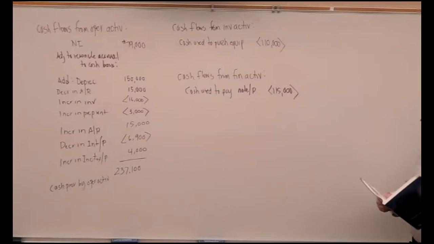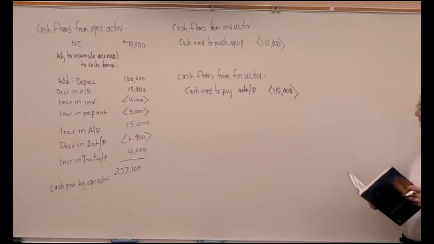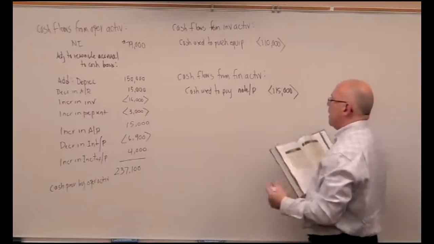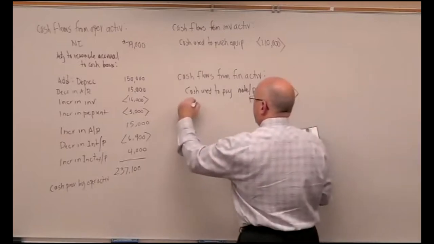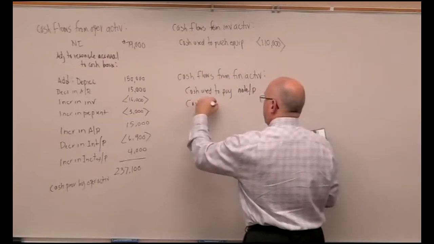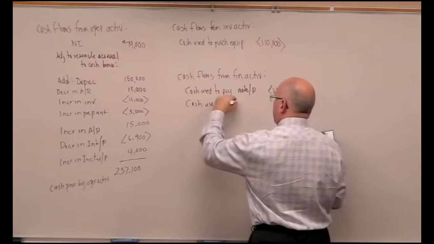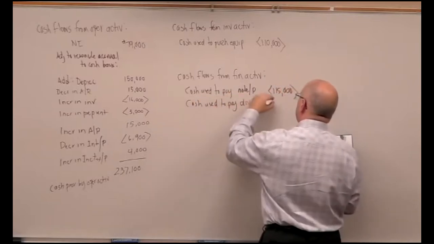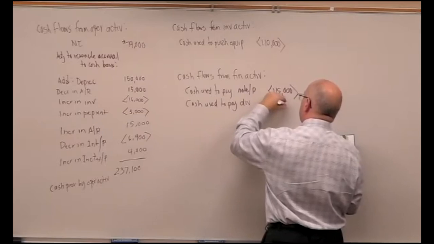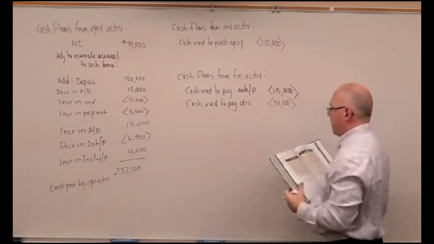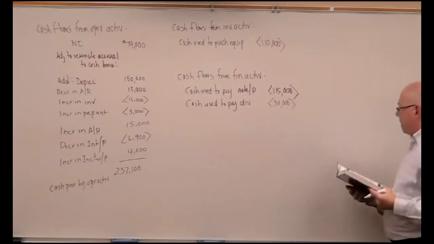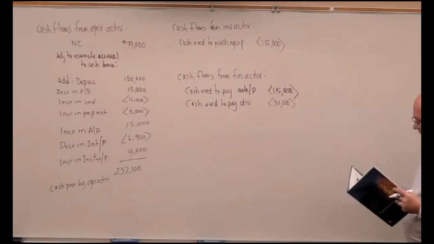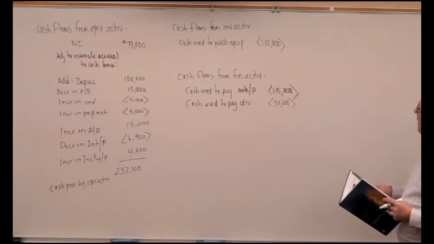Did we issue any stock? No. How about any dividends? Yes, 30,000. Decrease. Anything else in financing activities?